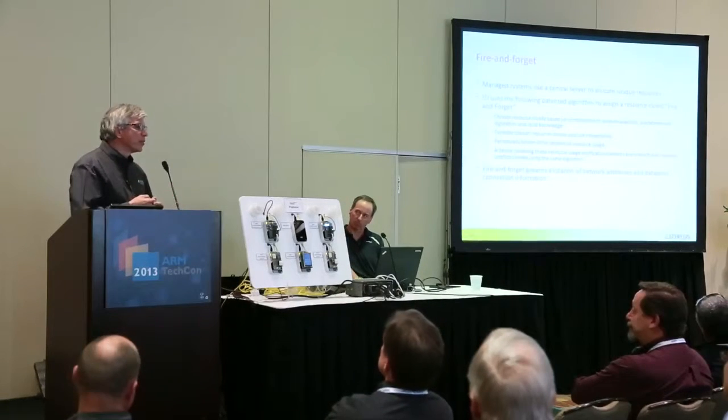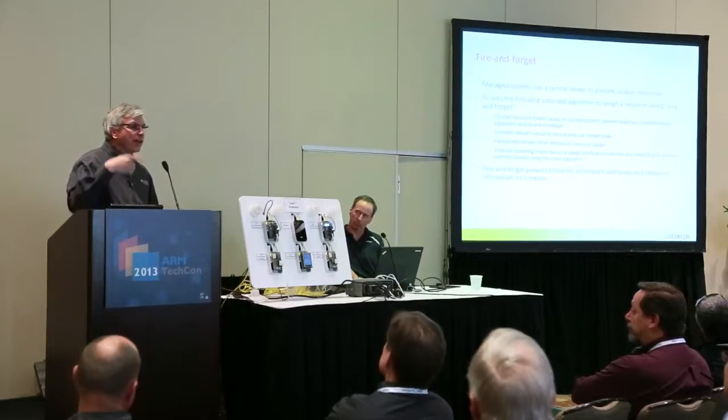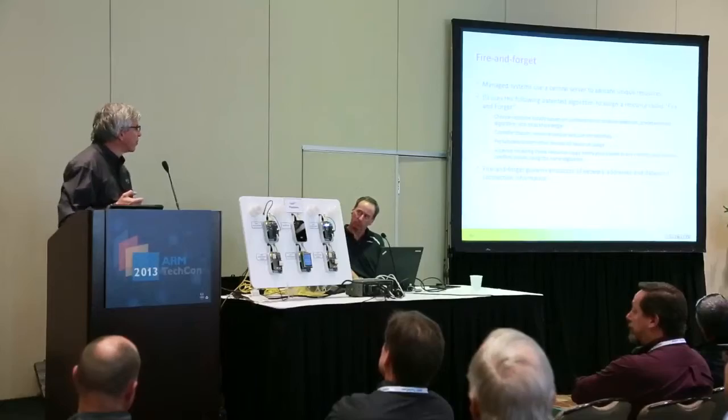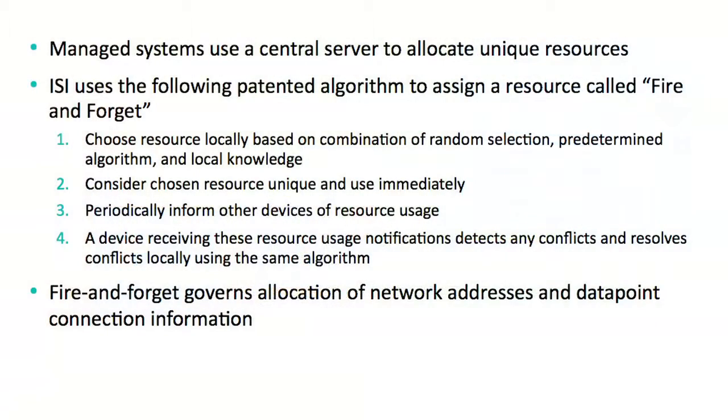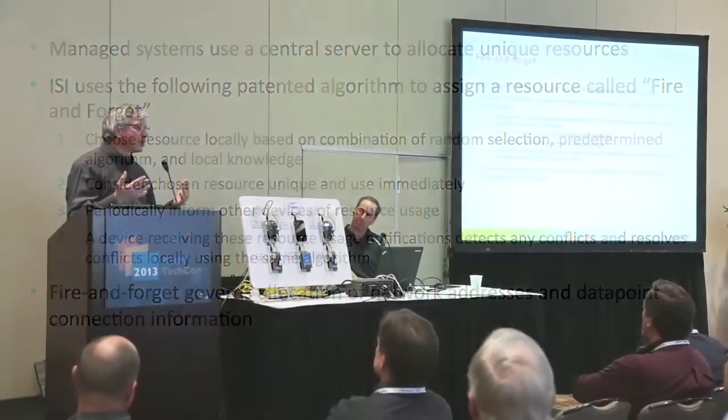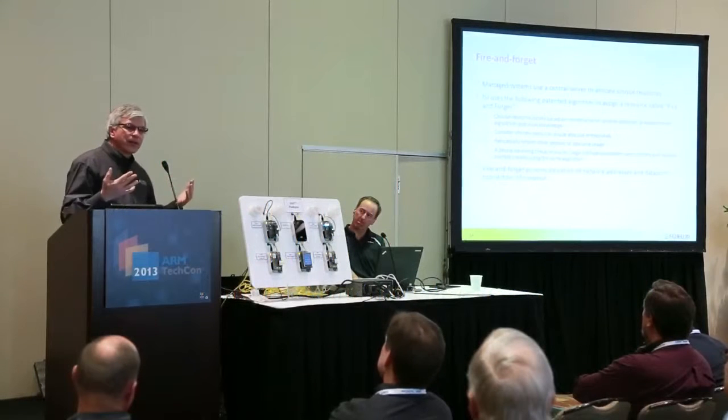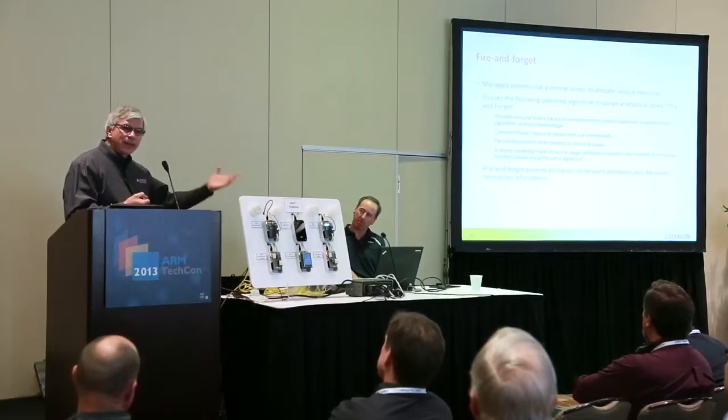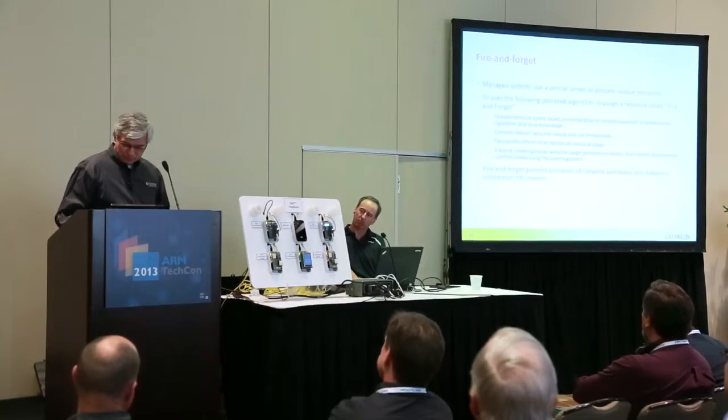When a conflict occurs, the conflict gets resolved at the other end, not at the end where the resource was picked. So that gives us a way then to allocate network addresses within the network and to allocate connection information so that devices can talk to each other using unique identifiers for the data they exchange and picking those identifiers dynamically and in real time.